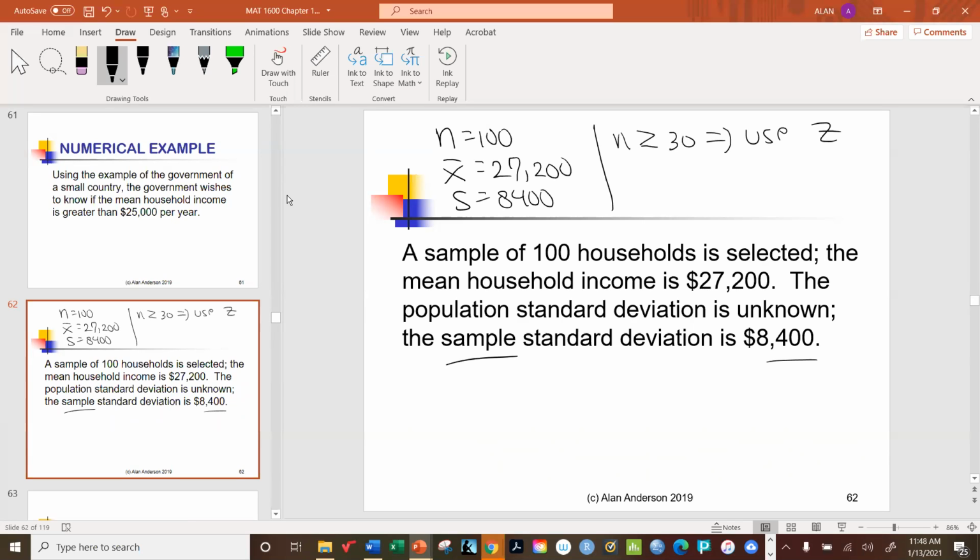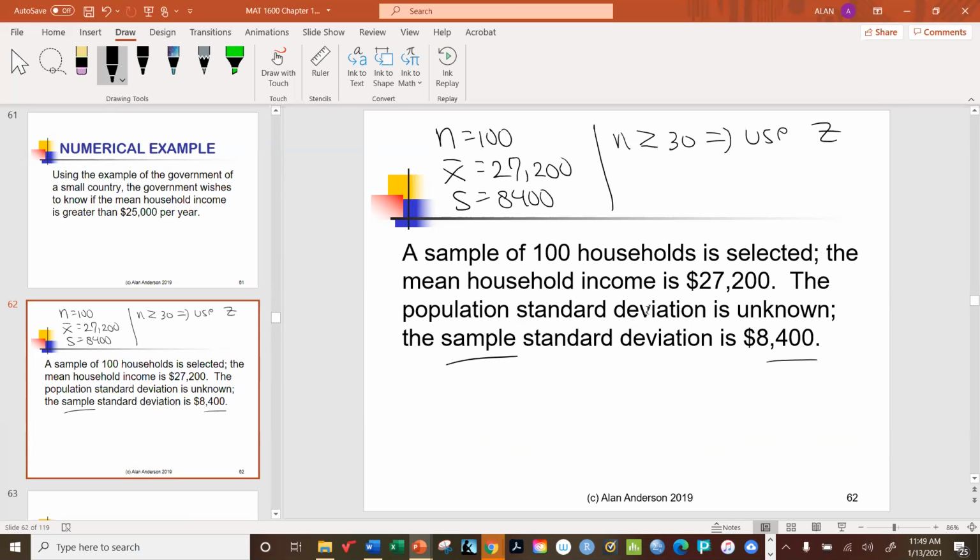So the first thing we need to do is set up the null and the alternative hypotheses based on the fact that what we want to know is if the mean is greater than $25,000. So that implies that we're going to set it up as a right-tailed test. Okay, greater than means a right-tailed test.